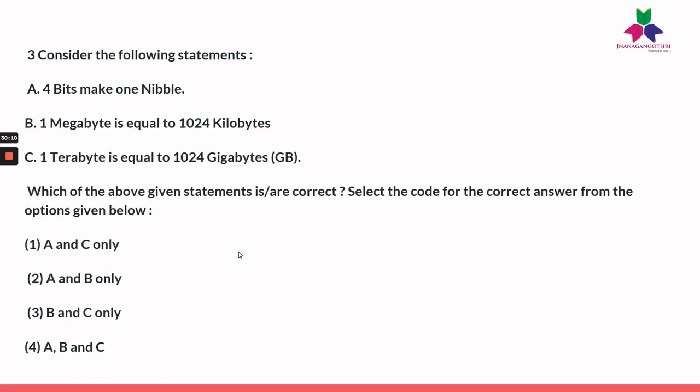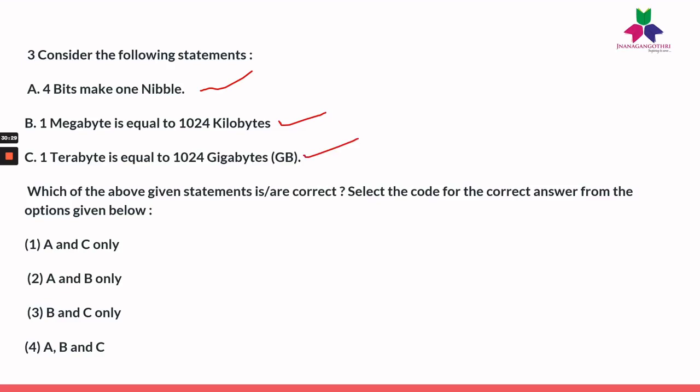Moving on to the next slide. Consider the following statements. A: 4 bits make 1 nibble. B: 1 megabyte is equal to 1024 kilobytes. C: 1 terabyte is equal to 1024 gigabytes. Which of the above given statements is correct?